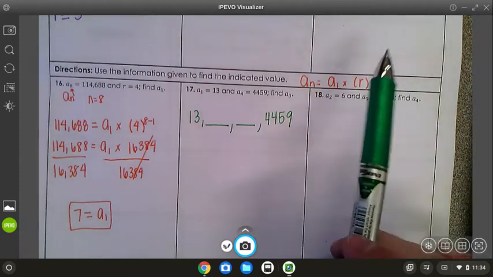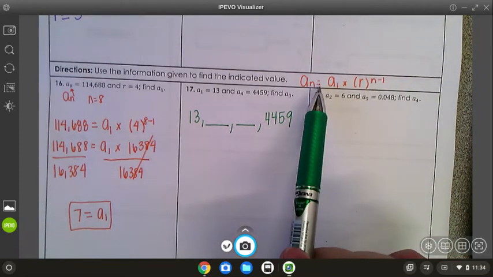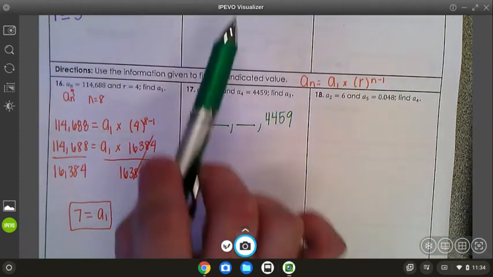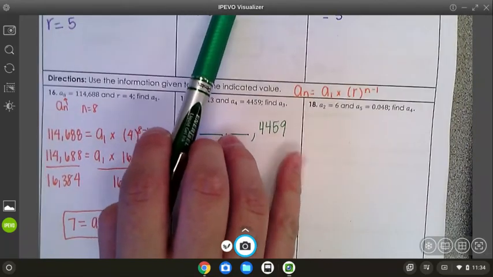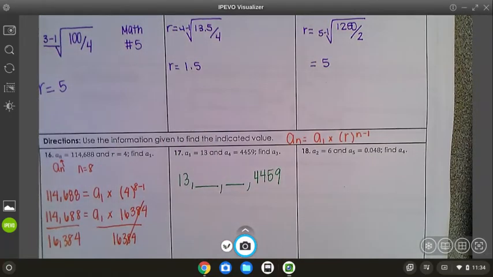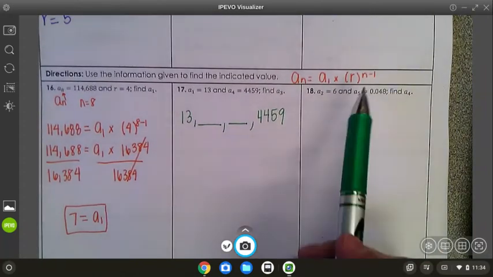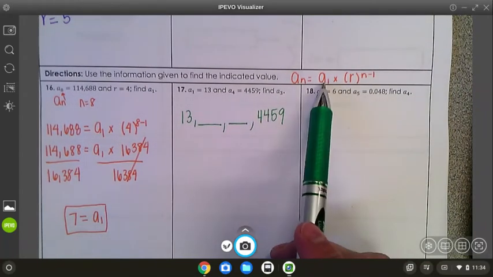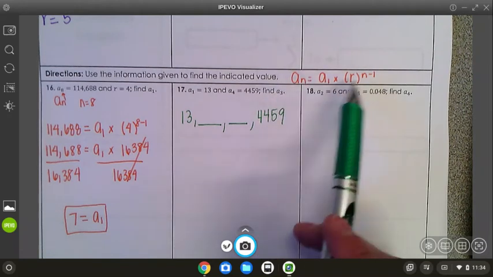You could also, well, you would have to find the ratio. We're going to have to find the R regardless using this method. So you could find the ratio. You've got A1. And you could use, well, I don't know, that might be easier.